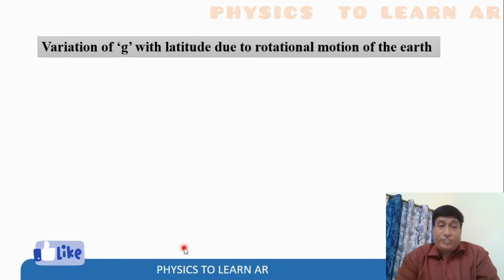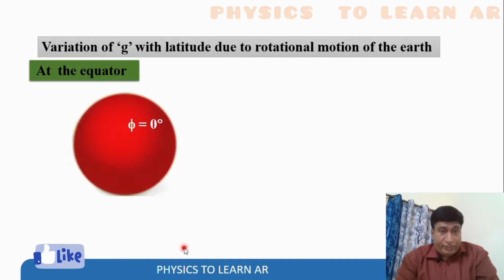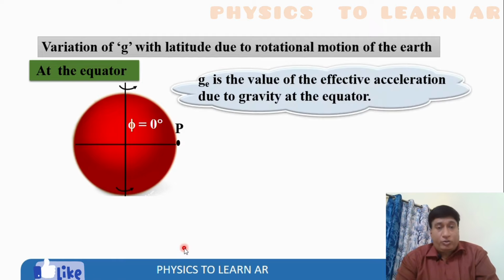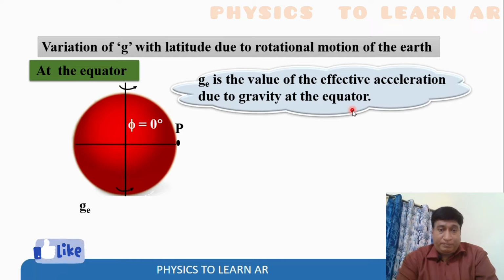Now, variation of g with latitude due to the rotational motion of the earth at the equator. At point P on the equator, the angle we have taken is equal to 0 degrees. G suffix E, acceleration due to gravity at the equator, is the value of effective acceleration due to gravity at the equator.